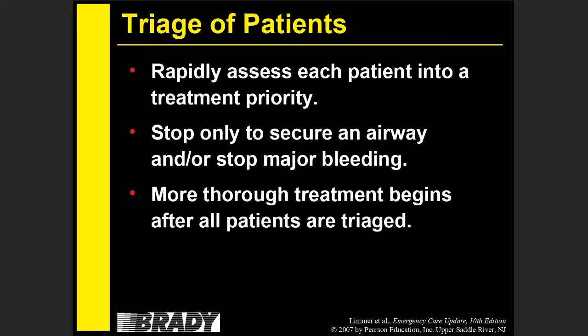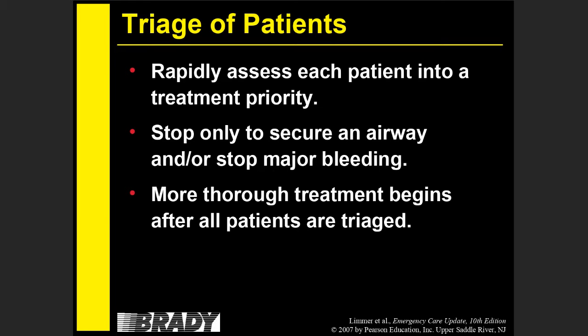So your first job is to rapidly assess each patient into a treatment priority. You're actually doing very, very little patient care when you are triaging, only securing an airway or stopping any major bleeding. A more thorough treatment begins after all patients are triaged.